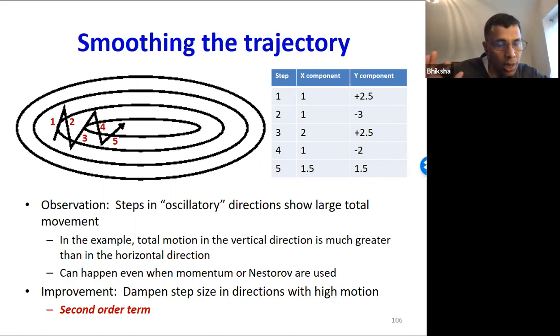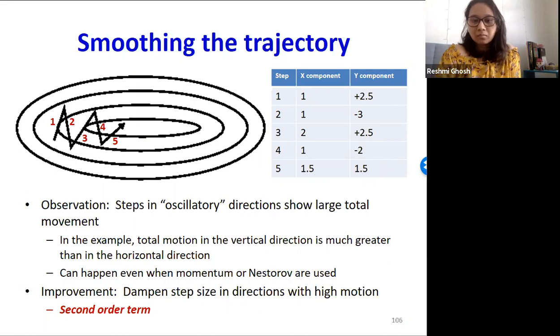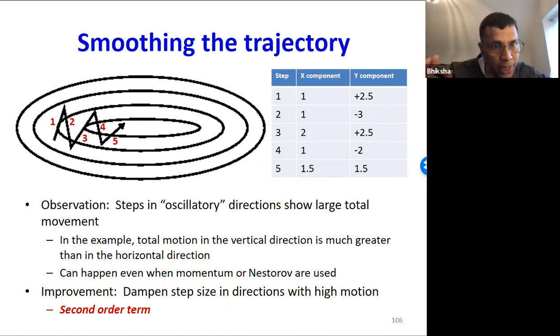So how can I actually quantify that this is the worst thing to be doing? By looking at the total variation. If I just look at these steps, the total variation in the X direction is 1 plus 1 plus 2 plus 1 plus 1.5, which is 6.5. And I made some progress along X. The total movement in the Y direction is, because you're speaking of movement, you ignore the sign. How much did you actually walk?